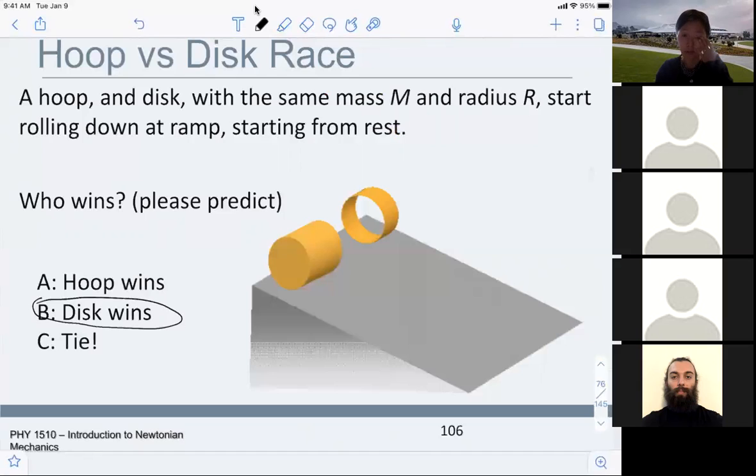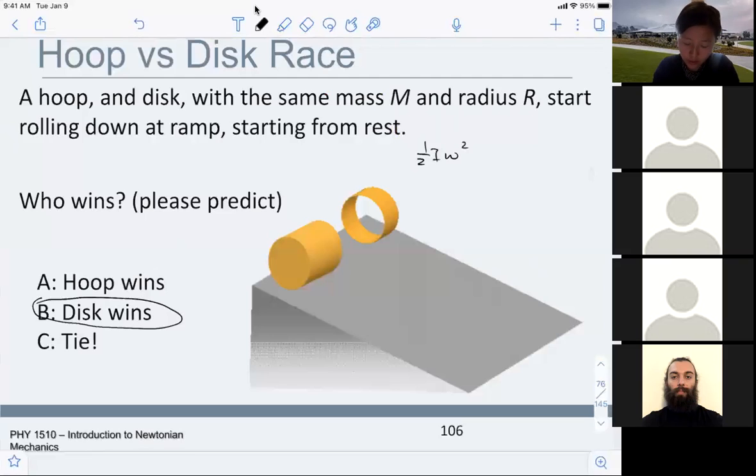So in order to have the same final energy, it's going to have more translational kinetic energy, whereas the other one has more rotational kinetic energy from having a higher moment of inertia, so it has lower translational kinetic energy.